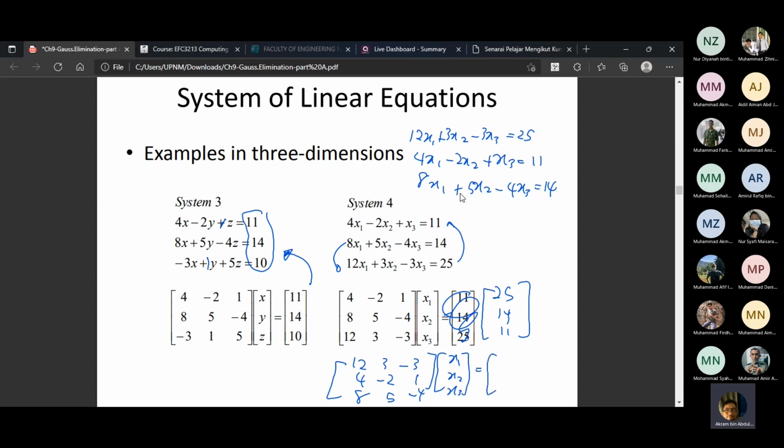Constant term dia adalah 25, 11, 14. So kalau kamu nak tukar kedudukan ni, make sure kamu tukar sekali yang sebelah kiri dia ni sekali. Kalau you darab, you akan dapat balik equation yang ni lah. So ini dengan ini adalah sistem yang sama, cuma tukar kedudukan equation dia sahaja.